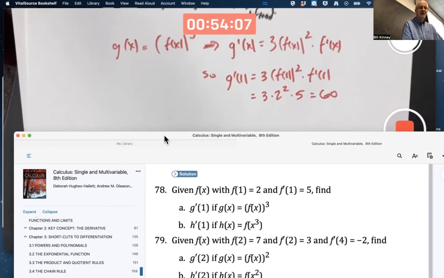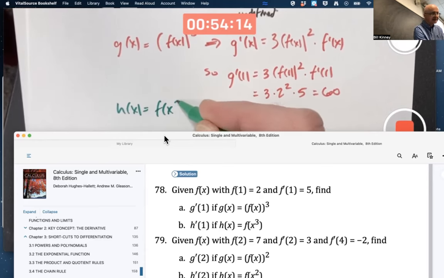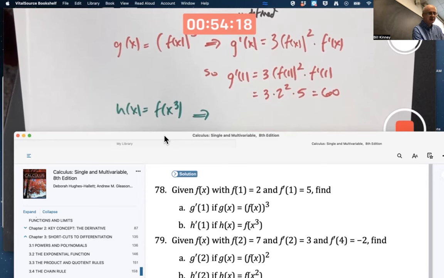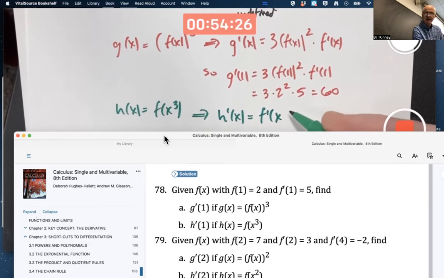On the other hand, h of x is a different function, f of x cubed. So now the inside function is the cubing function and the outside function is f. So h prime is f prime, the derivative of the outside, plug in the inside function, then multiply times the derivative of the inside function.